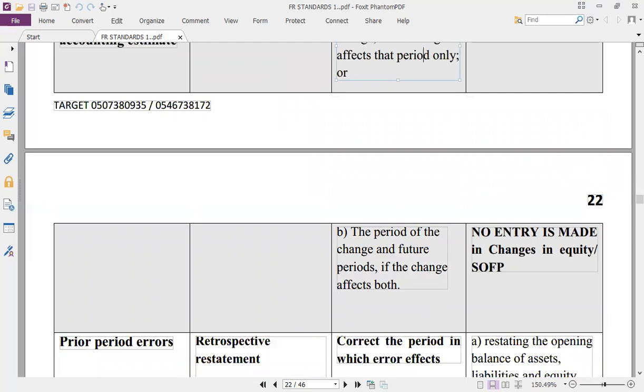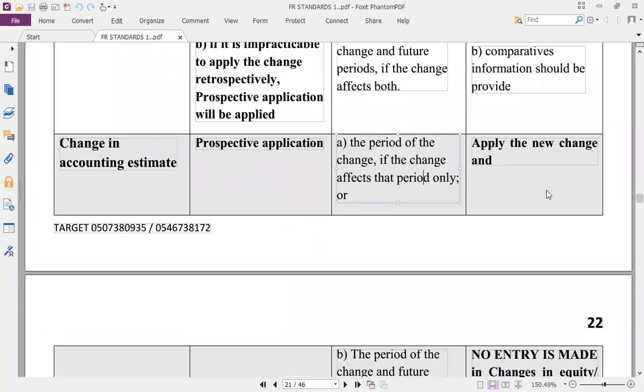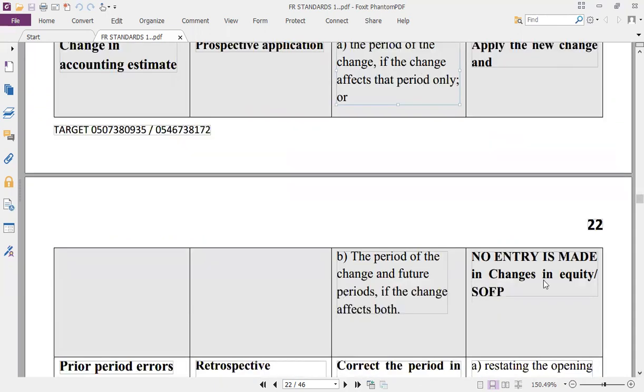And what goes to the changes in equity? You apply the new change. Here we don't adjust the opening balance of the retained earnings, and no entry is made in the changes in equity or statement of financial position.